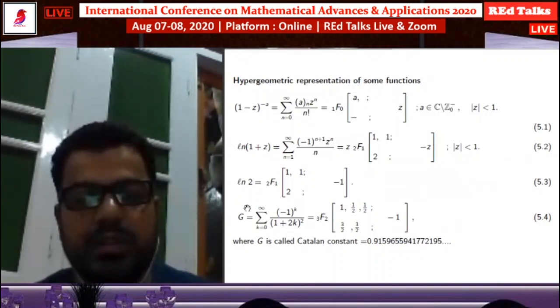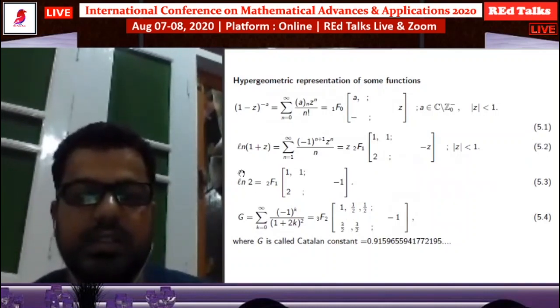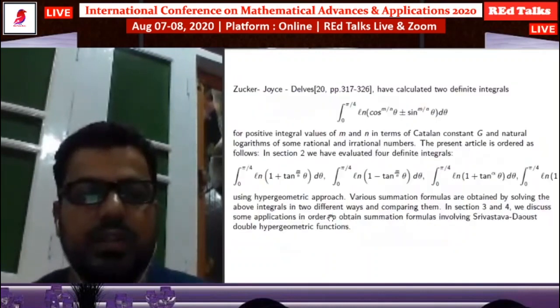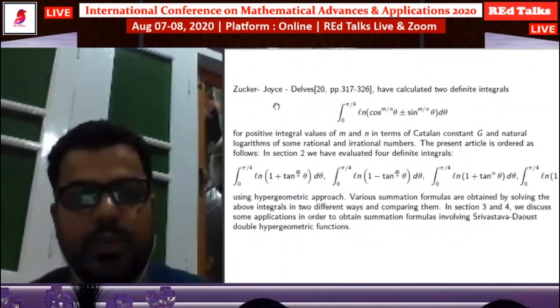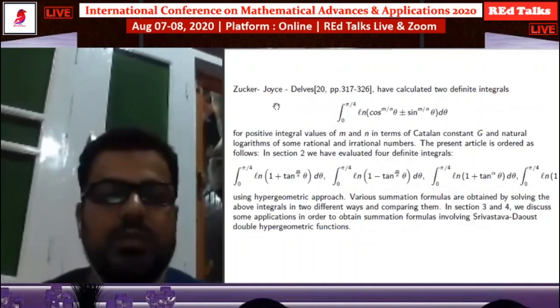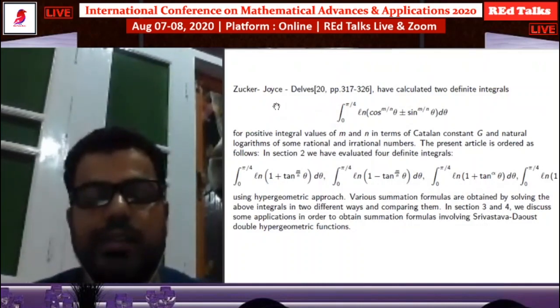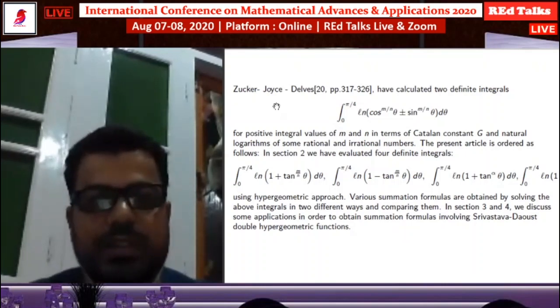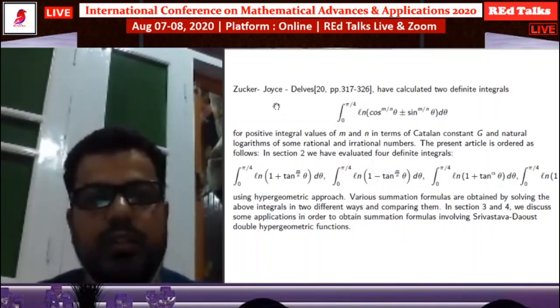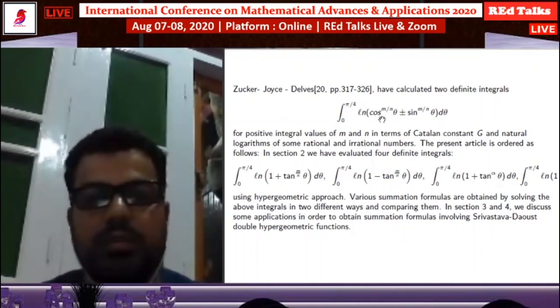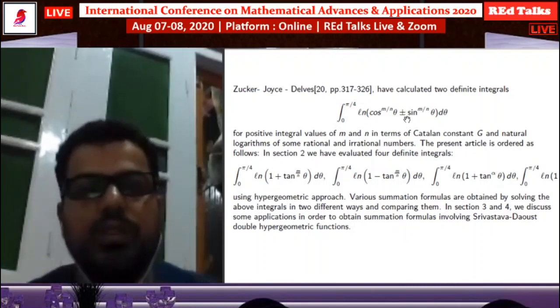At last, in the application section, we get the result in this form: Catalan's constant and logarithm function of rational and irrational functions. Firstly, this paper was done by Zucker, Joyce, and Davis by another method, which was a tedious one, and we have done this paper, proving all four integrals in a hypergeometric approach.